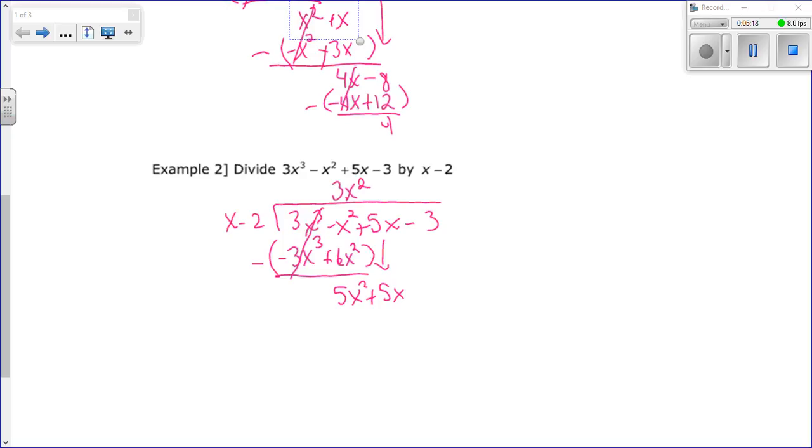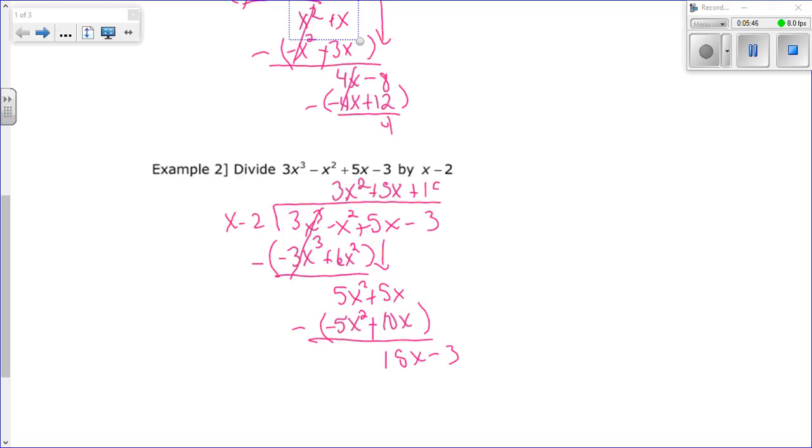What do I multiply x by to get 5x squared? Well, that is 5x. And that will be 5x squared when I multiply, minus 10x. And then I'm going to subtract, change everything to its opposite. So I will have 15x minus 3. So what do I multiply x by to get 15x?